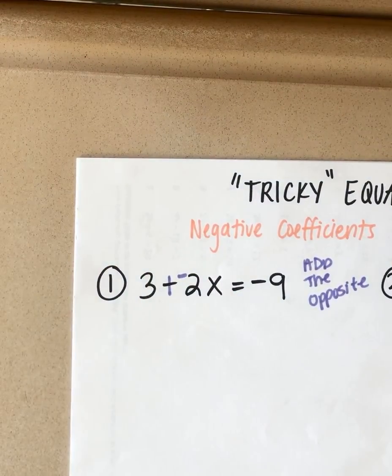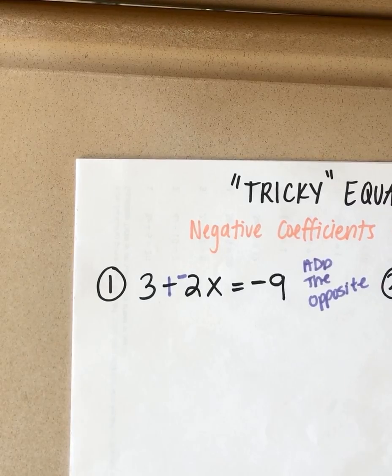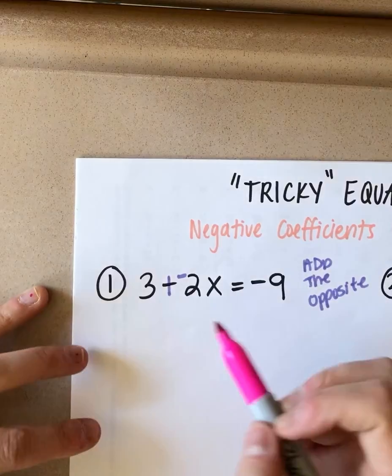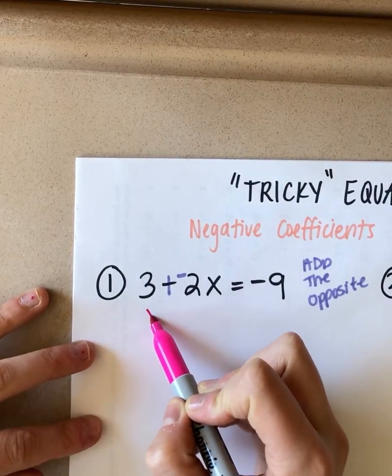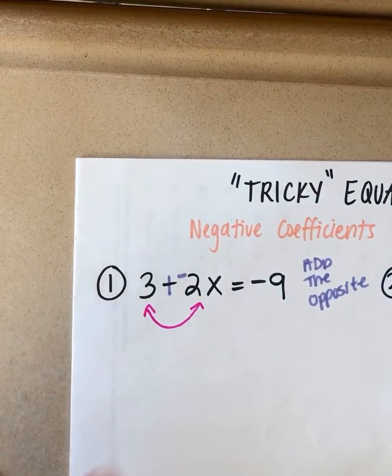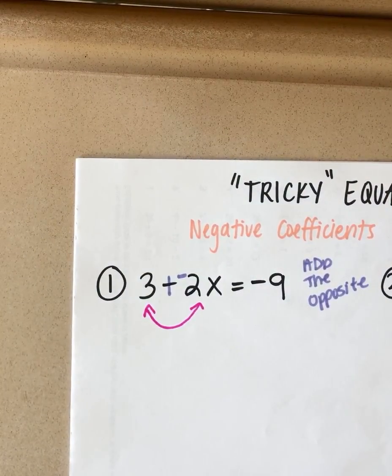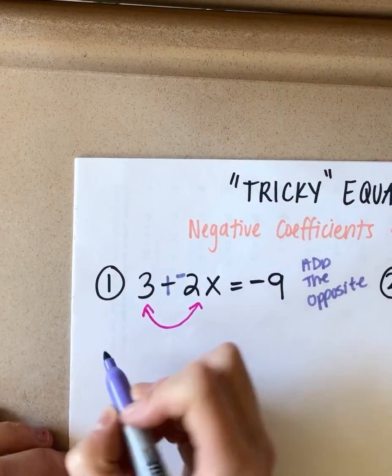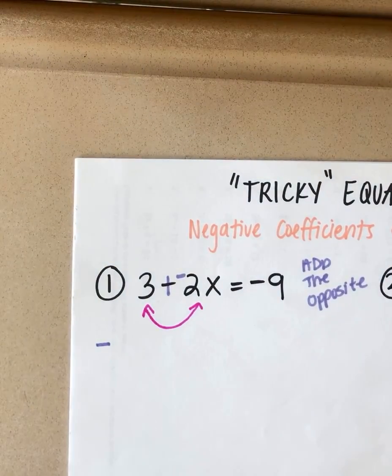Once I've added the opposite and I have an addition problem, I know that I can switch my terms around. The commutative property tells me that those terms can switch spots over that addition sign. So I'm going to rewrite my equation. I'm going to keep my negative sign purple just so it sticks out at me.